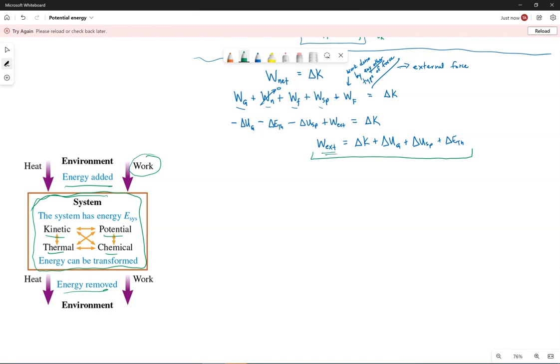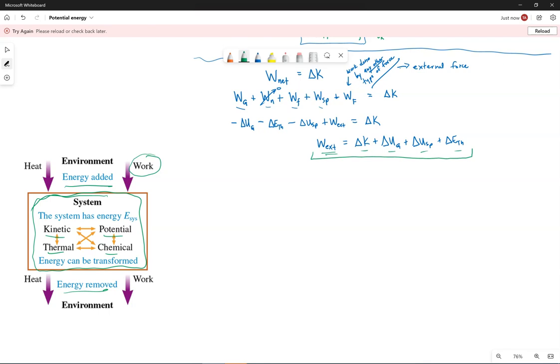Any work done by forces external to the system, so not gravity, not a spring, not friction, any additional work will change one of these at least, if not multiple. It'll change the kinetic energy or the potential energy. So we will get a total change in energy of the system as a whole.